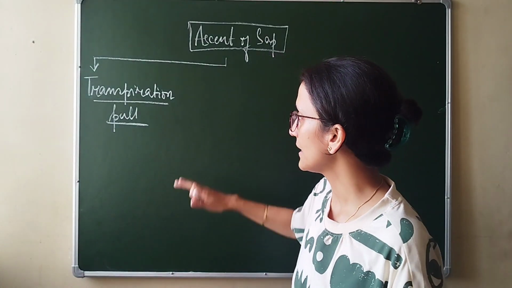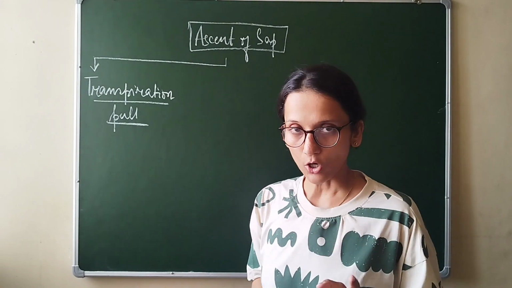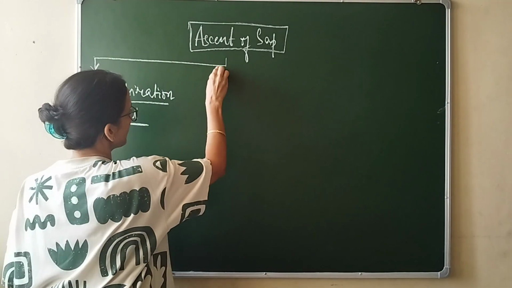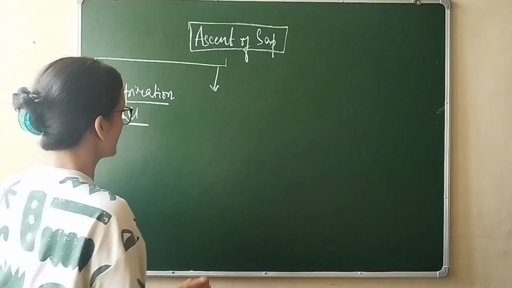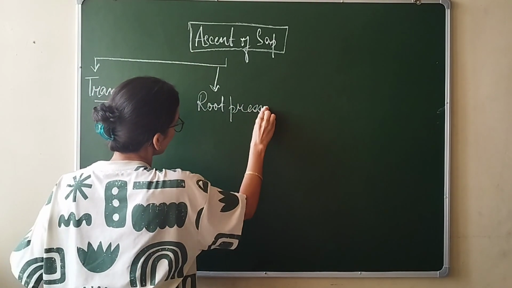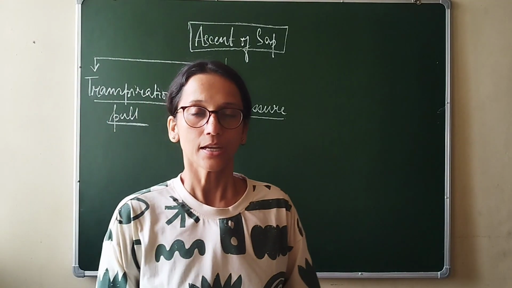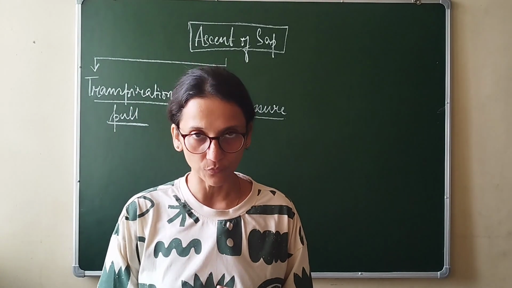Now remember one thing, this plays a major role especially in plants which are very tall, because there is another force which also plays a similar role for ascent of sap, which is known as the root pressure. This we have already studied. This is basically the pressure which is developed within the plant due to osmosis of water.